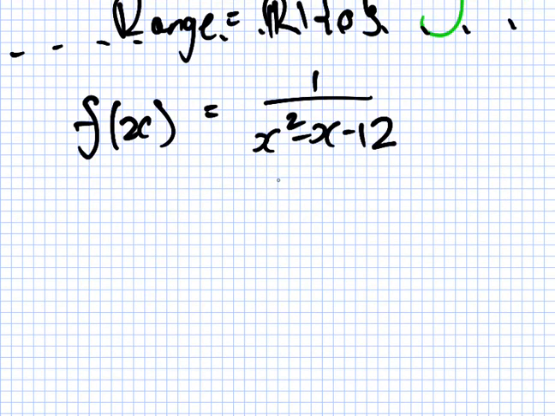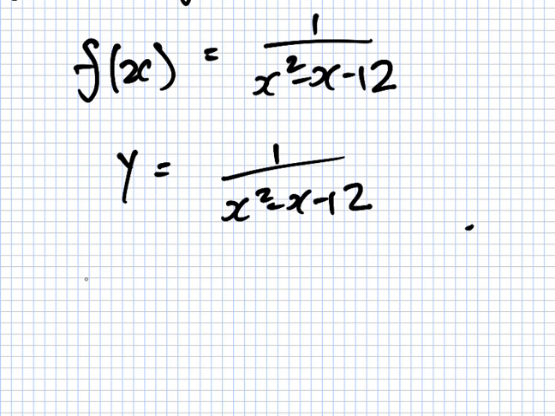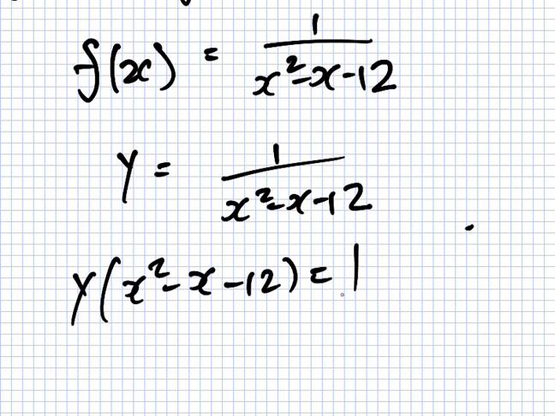Let's have a look at this one now. So let's use the method I showed you. We have y equals 1 over x squared minus x minus 12. Step 1. Step 2. y times (x squared minus x minus 12) equals 1.